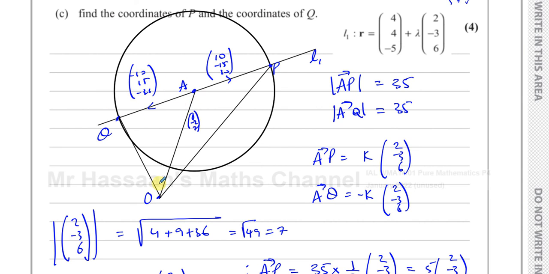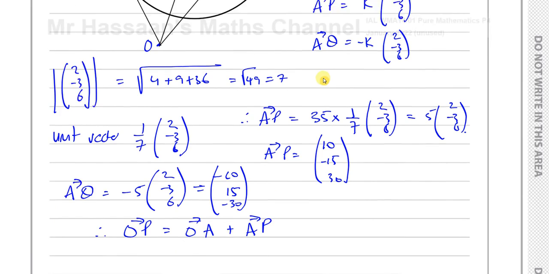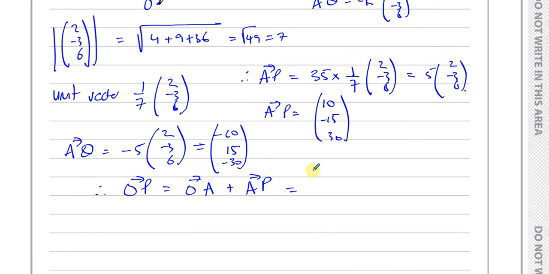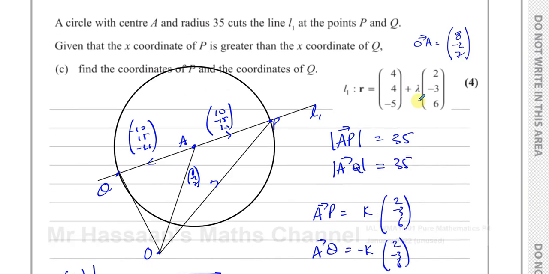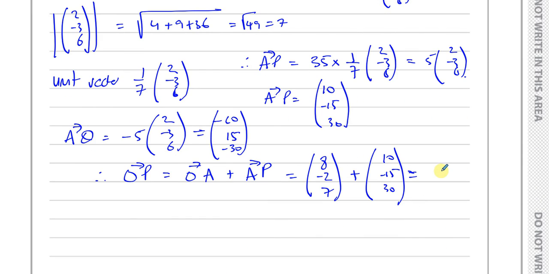To get from O to P, I go O to A plus A to P. That's (8, -2, 7) plus (10, -15, 30). So we have 8 plus 10, which is 18; -2 minus 15, which is -17; and 7 plus 30, which is 37.